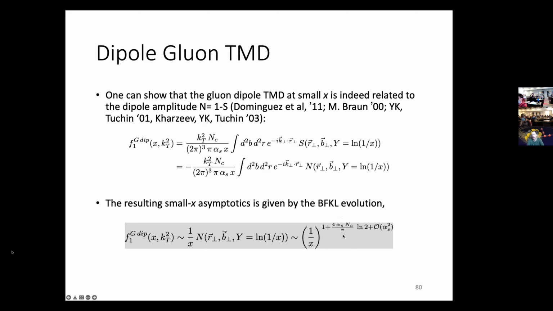This correction results from the analytical solution of BFKL evolution. Unlike nonlinear evolution equations, which we cannot solve analytically, BFKL evolution one can solve analytically and obtain this power of order alpha_s. And then if you solve NLO BFKL, you get the power order alpha_s squared, etc. Right? You have a whole perturbative series in the power here. But what's important is that the power is greater than 1, right? So this is the prediction for the small x asymptotics of this dipole TMD.